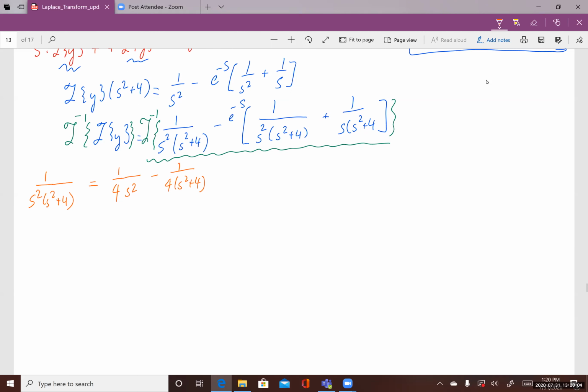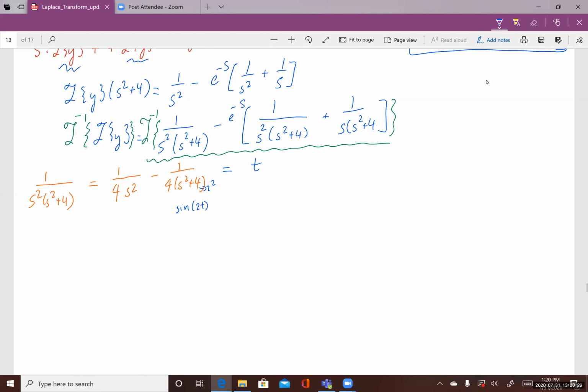The inverse Laplace of 1 over s squared should be t. And for s squared plus 4, you think of sine of 2t, because 4 is 2 squared.